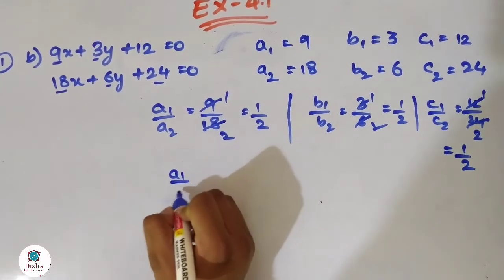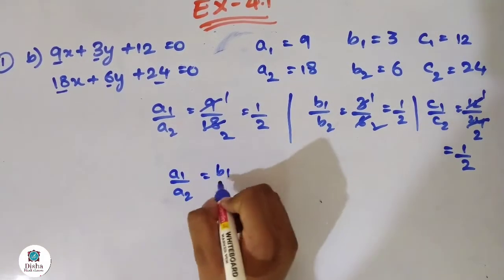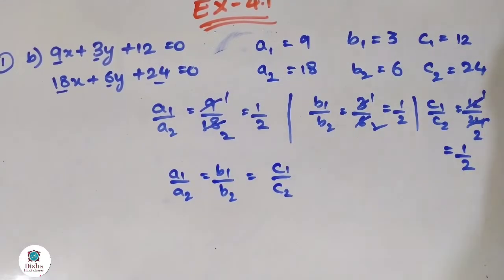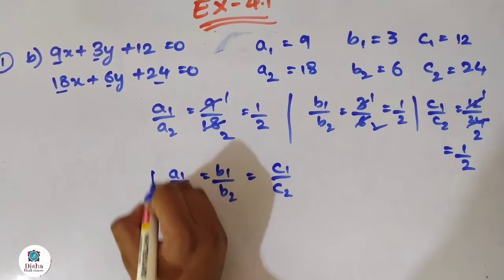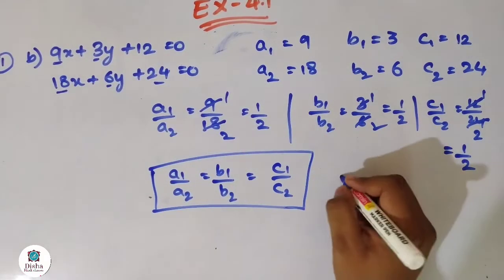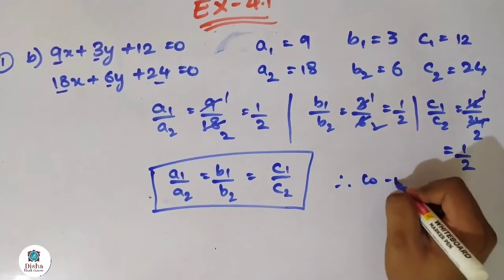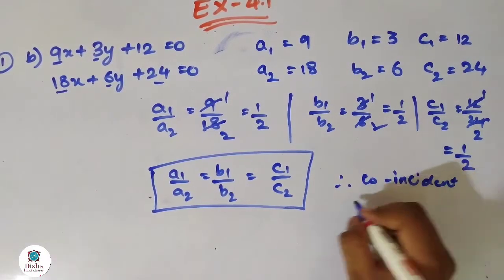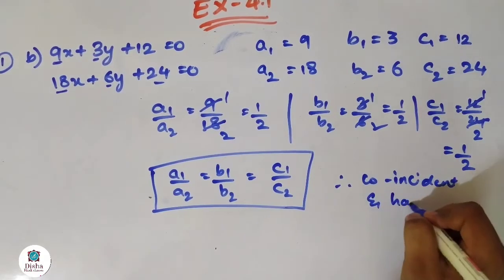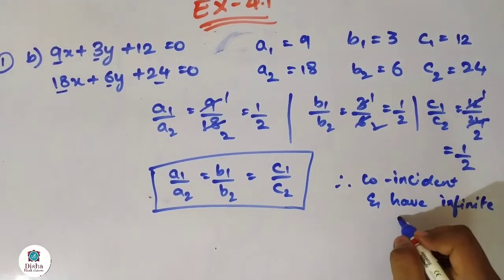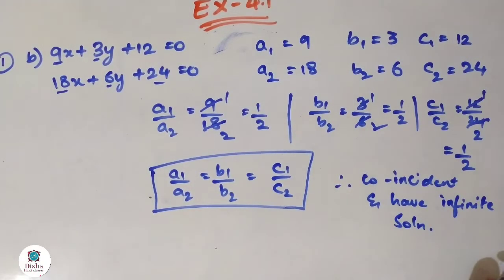Therefore a1 by a2 equals b1 by b2 equals c1 by c2, right? So lines are coincident and have infinite solutions.